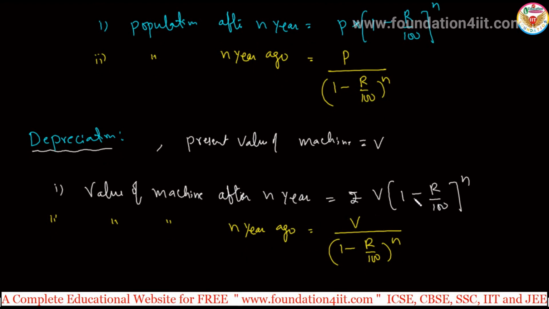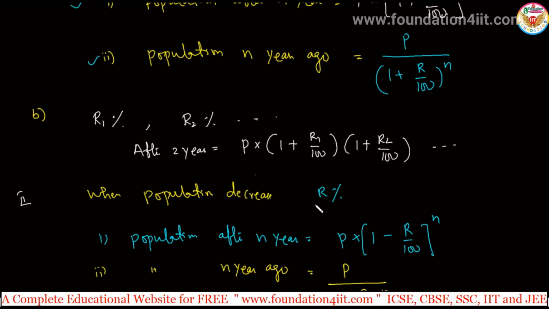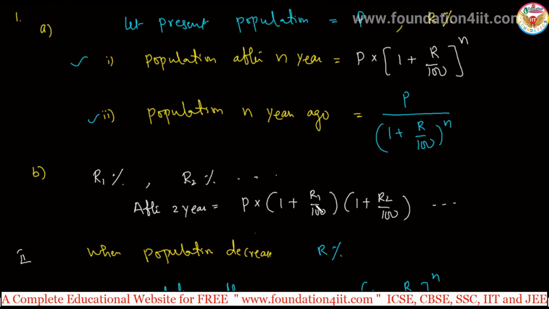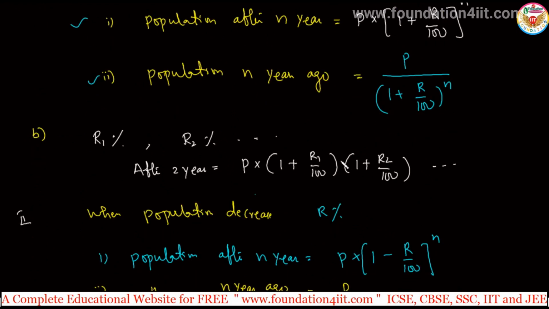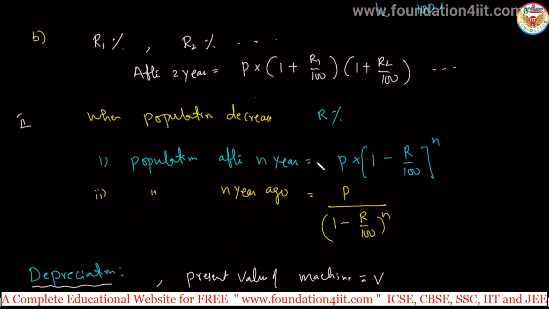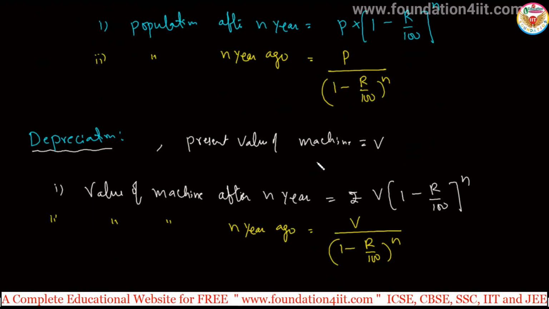Just remember, increasing is plus sign, decreasing is minus sign in the formula. These 6 formulas you just notice, the main 4 we have. Population increasing to n years ago is P divided by this. And for successive years, with different rates of increasing, we can do it like this, or decreasing is minus. These are the basic formulas you'll apply in growth and depreciation.